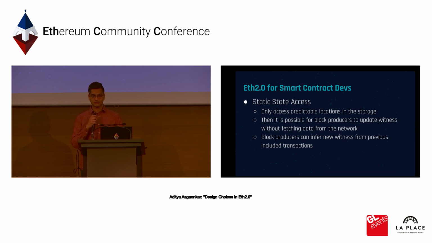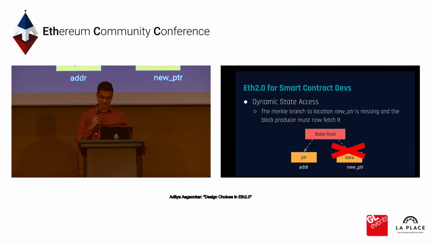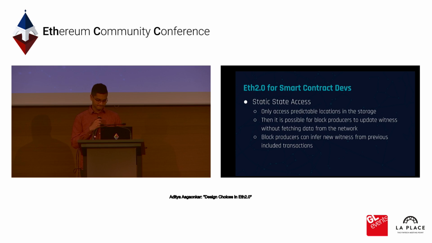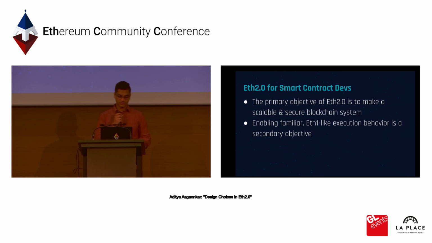These are some of the changes that you can expect. And as the Quilt team demonstrated yesterday, there are a few things that use dynamic state access today. The point of this talk is that the primary objective of ETH2 is producing a scalable and secure blockchain system, and it's only a secondary objective to produce execution behavior that ETH1 devs are familiar with.